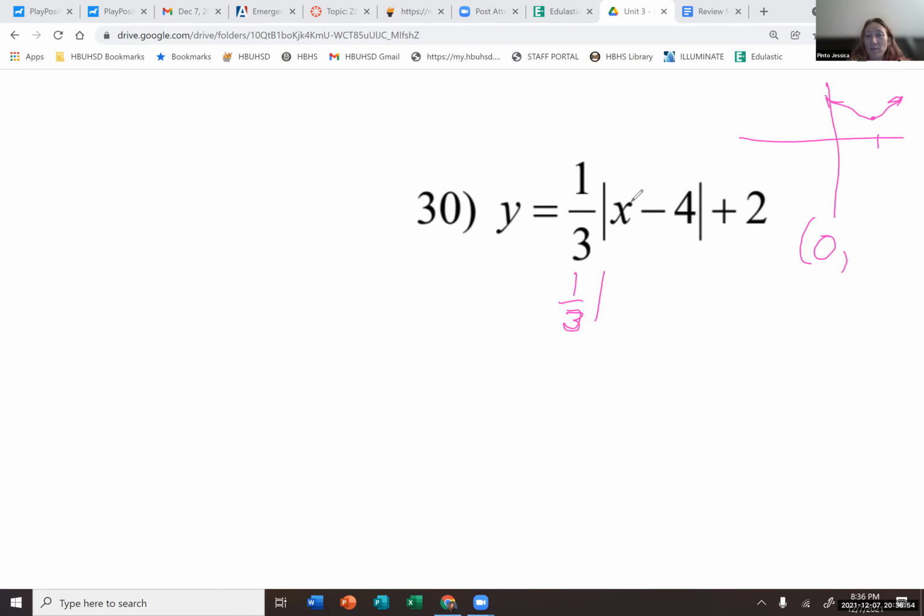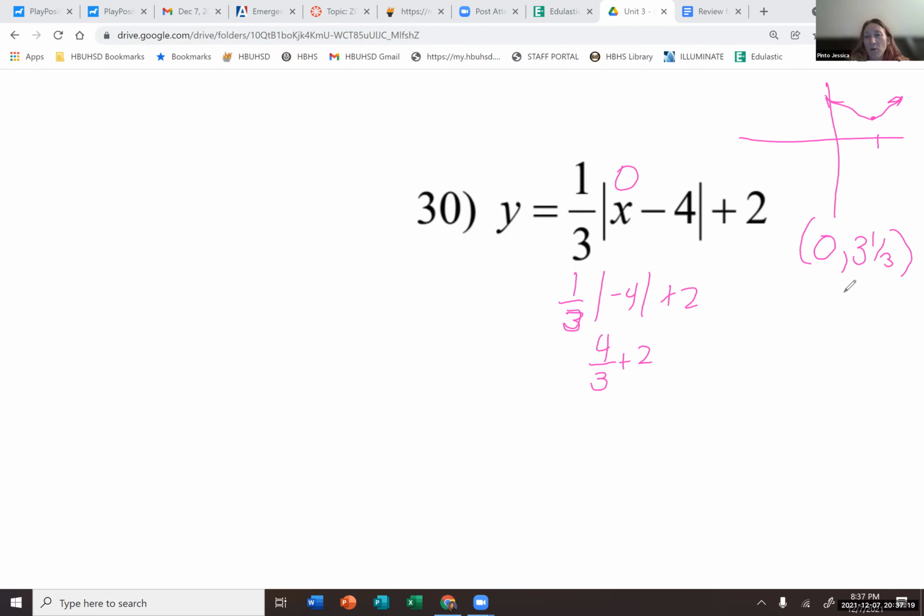And then the absolute value of 0 minus 4 is -4, right? Plus 2. So the absolute value of that is +4. So that's going to be 4/3 plus 2. Or 4/3 is 1 1/3. So this would be plus 2 more, 3 1/3.